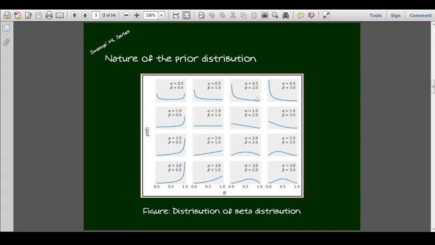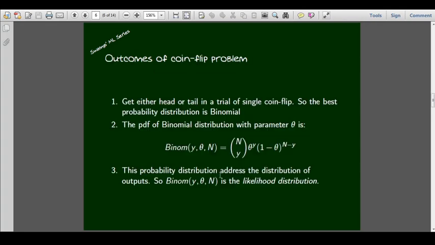From this picture, it is evident alpha and beta equal to 1 is uniform distribution. Here alpha is equal to 3, beta is equal to 3, it goes to a normal distribution shape, almost normal distribution. And also some negative exponential shape, also positive exponential shape. That is the reason why we are choosing beta distribution.